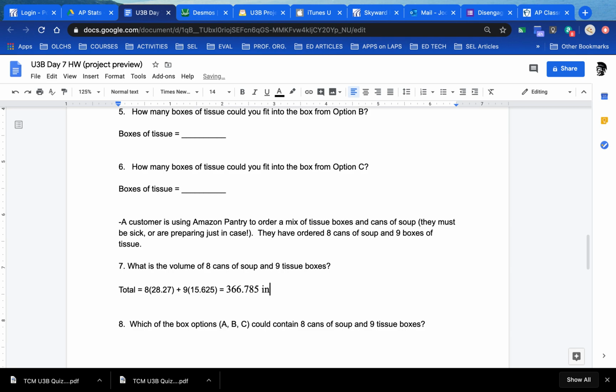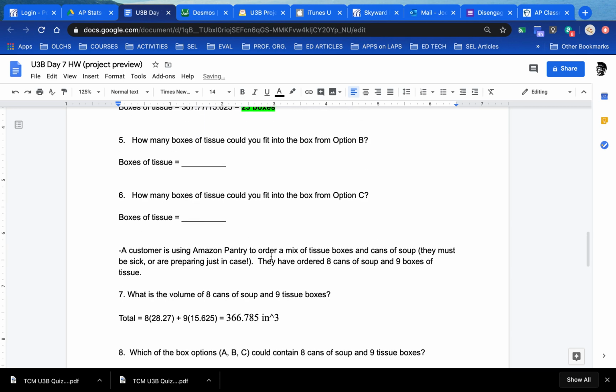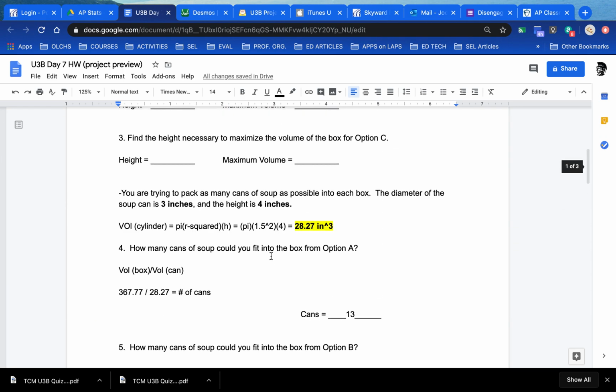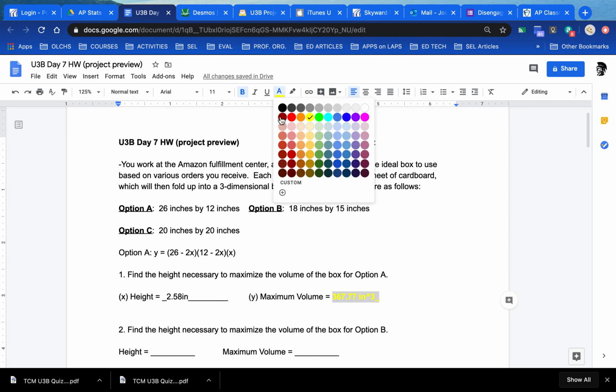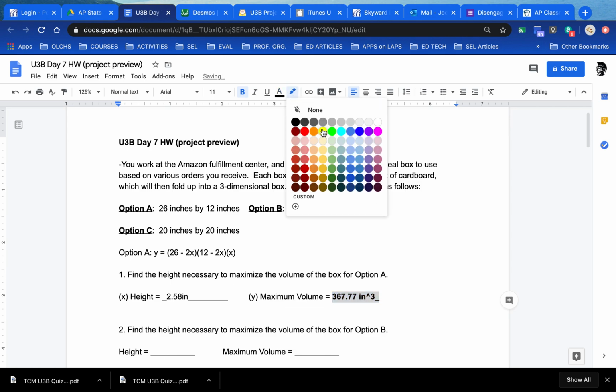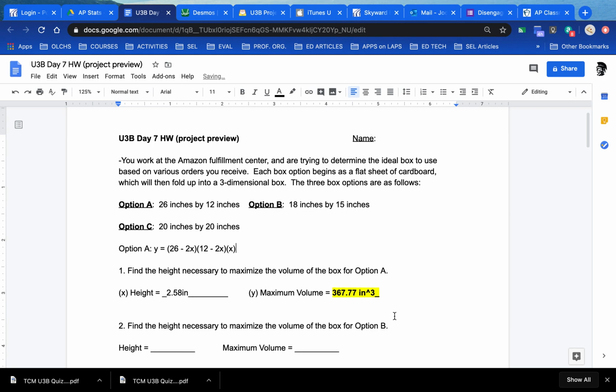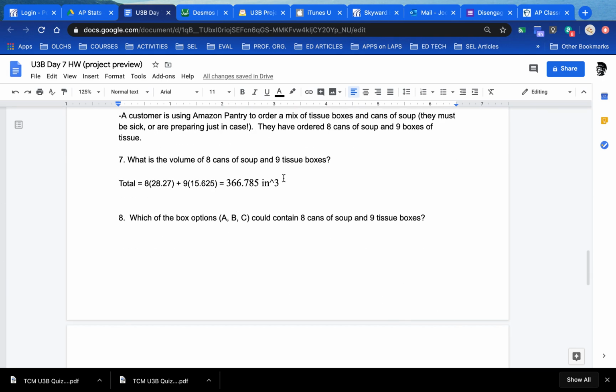Inches cubed, or cubic inches. Now, everyone, I just so happen to have picked option A. That's the first one I picked. And option A has 367.77 as its volume.